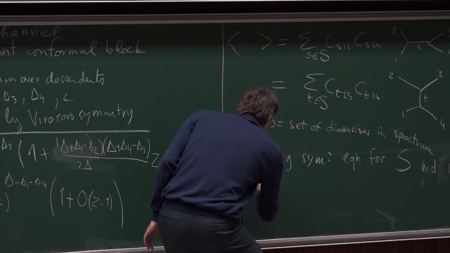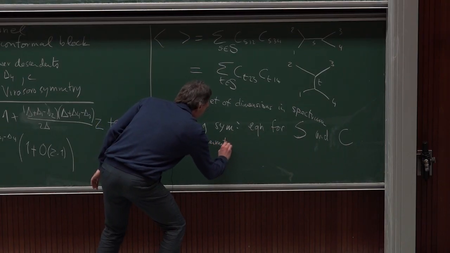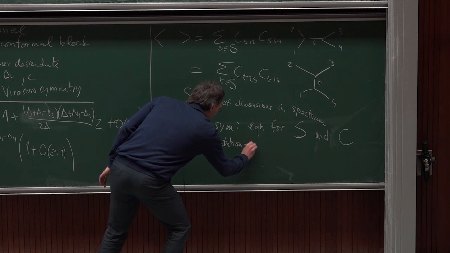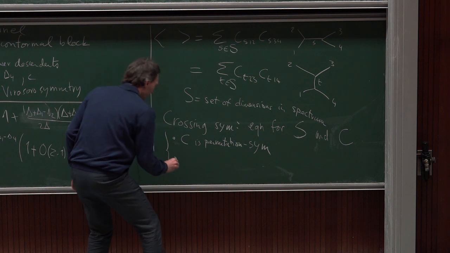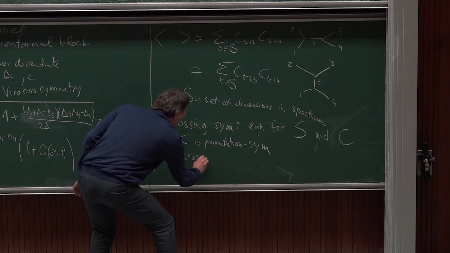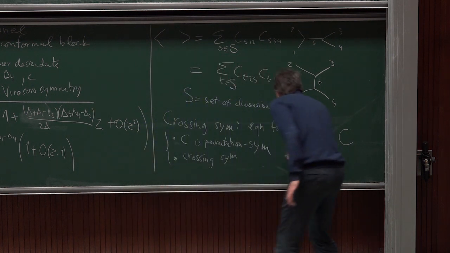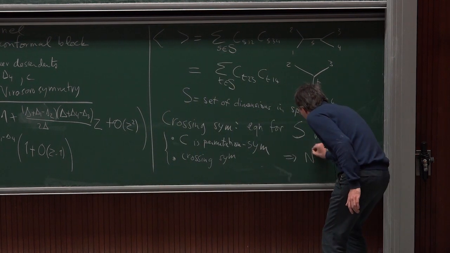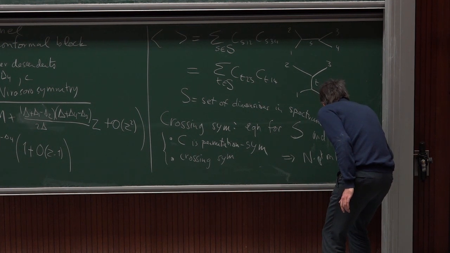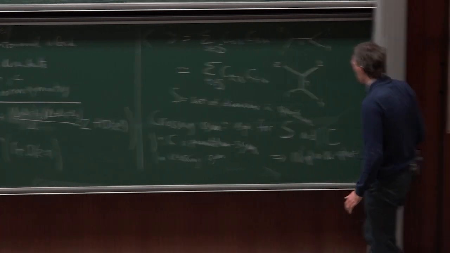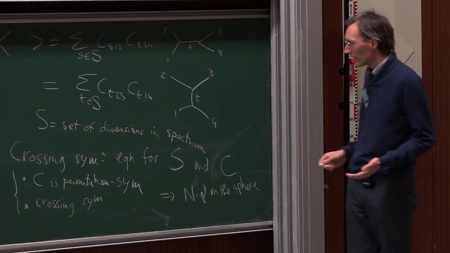So the statement is that if C is permutation symmetric, and if you have crossing symmetry, then you can compute any n-point function on the sphere, in the sense that any decomposition will give the same result.